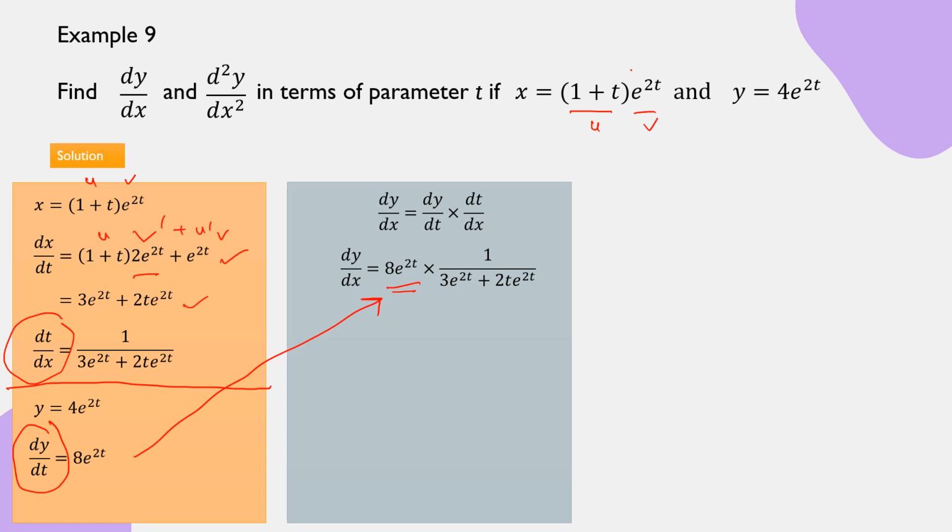We can cancel e^(2t), so we get 8 over (3 + 2t).